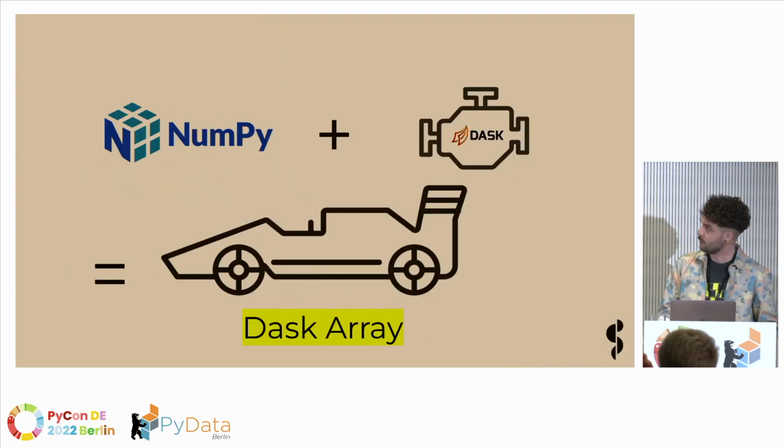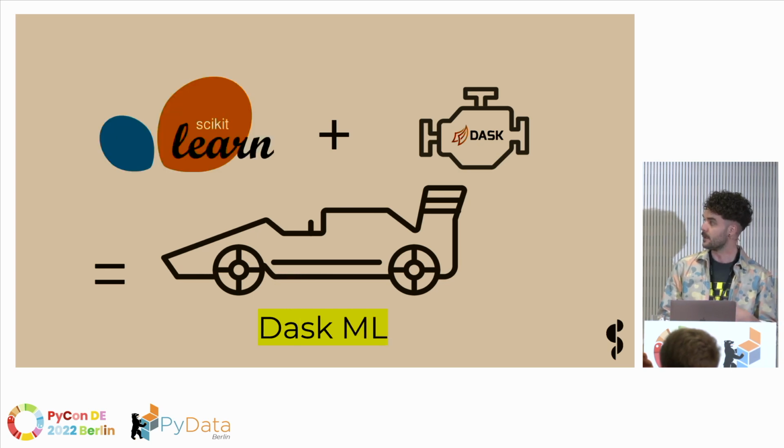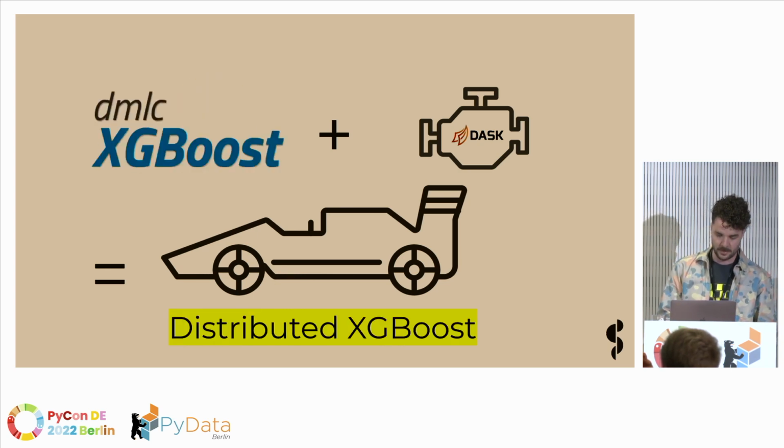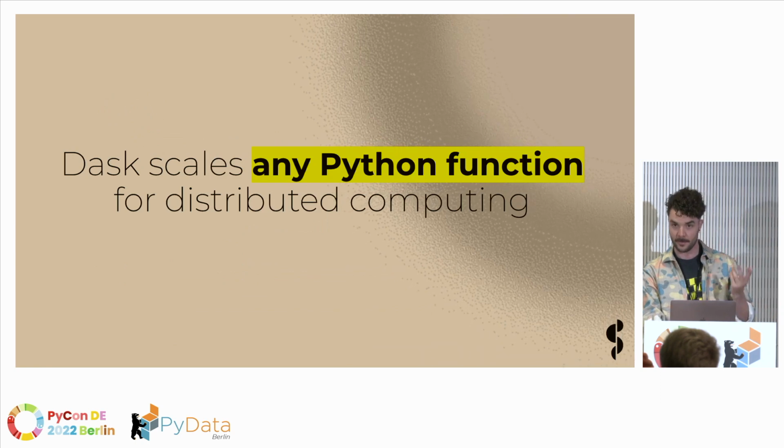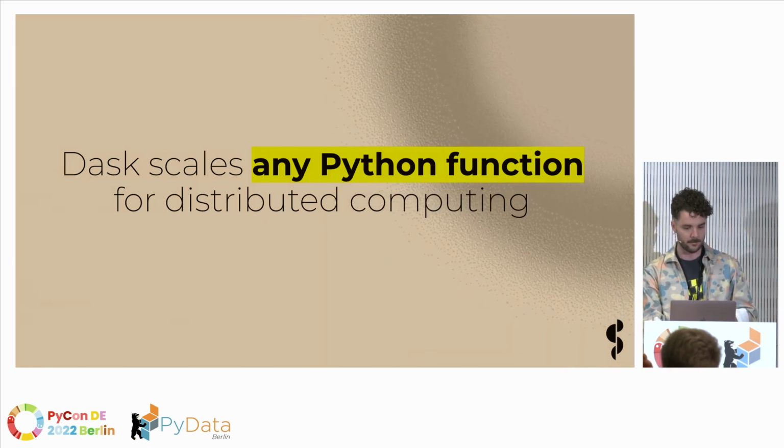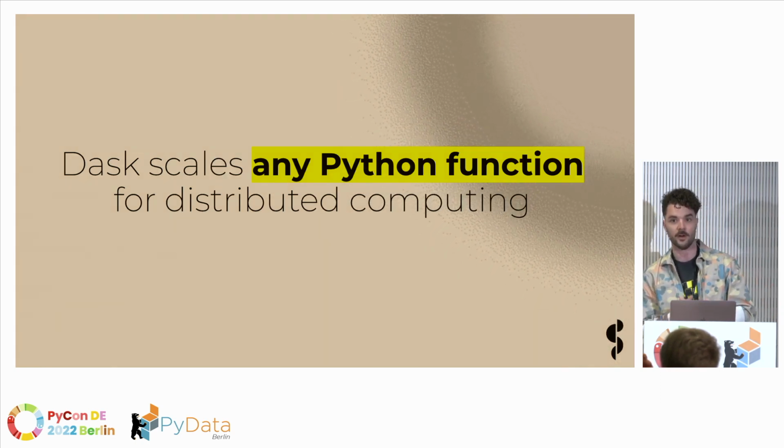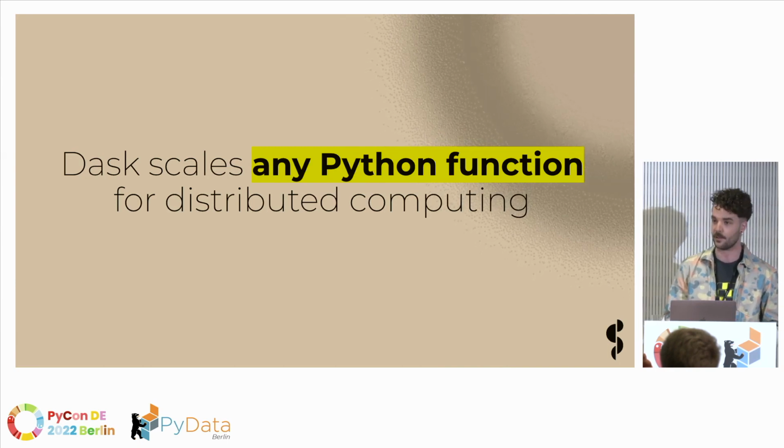So Dask does that with pandas to give you the pandas data frame. It also does it with numpy to give you a Dask array, scikit-learn to give you Dask ML, XGBoost, and so on.